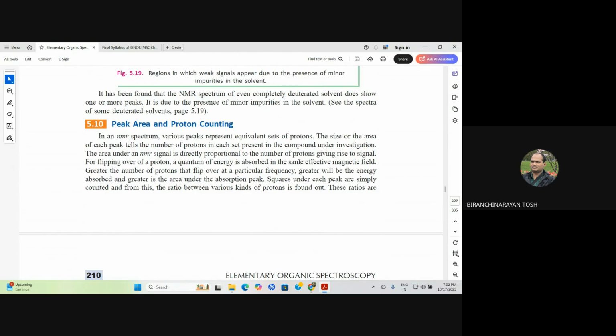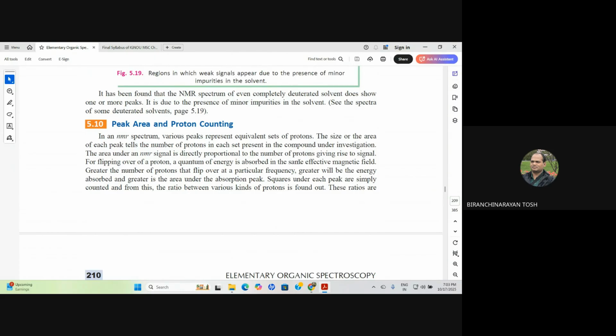For flipping over a proton, a quantum of energy is absorbed in the same effective magnetic field. So, the greater the number of protons that flip over at a particular frequency, the greater the energy absorbed, and the greater the area under the absorption peak. So as the number of protons increases, the peak area will increase.